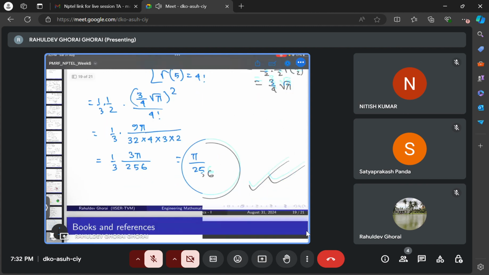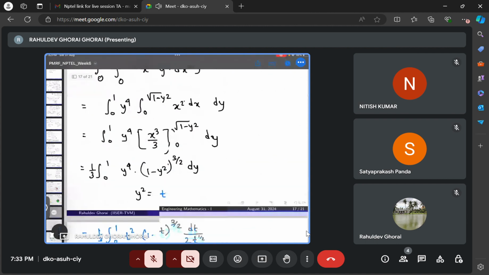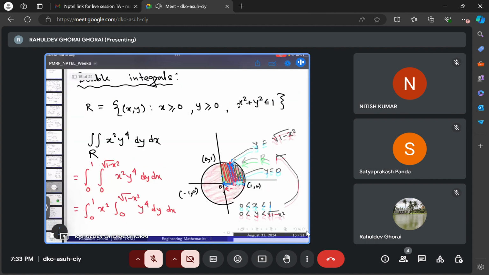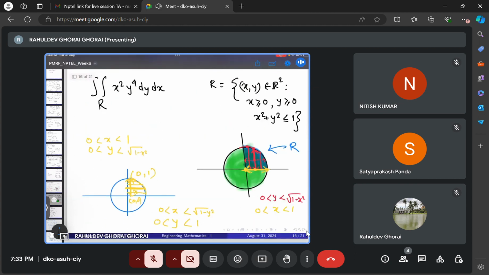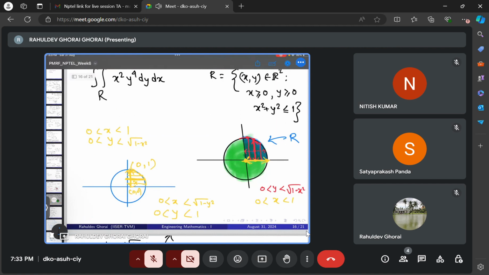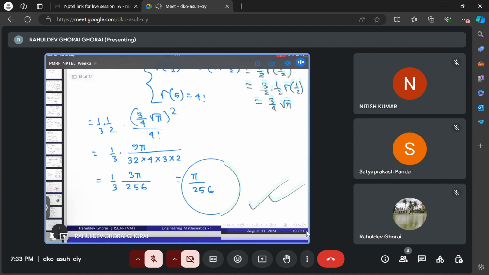So tell me if you did not understand. Okay, this is the whole thing. If you understand one question itself, it will be enough. We started with the region, and then we found the limit for the region, and then we got the solution.